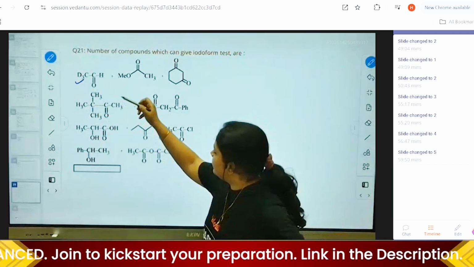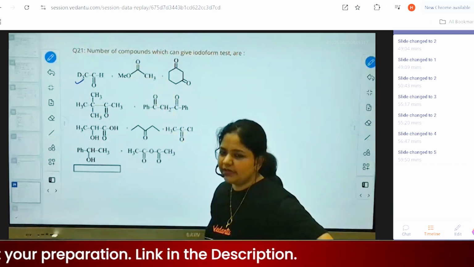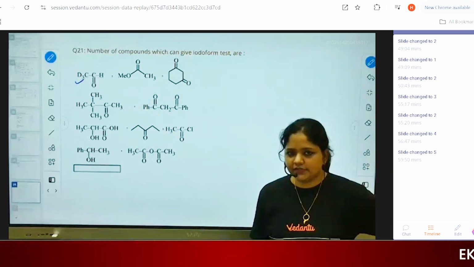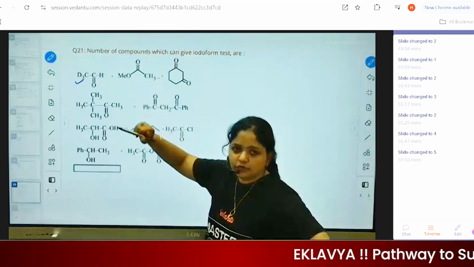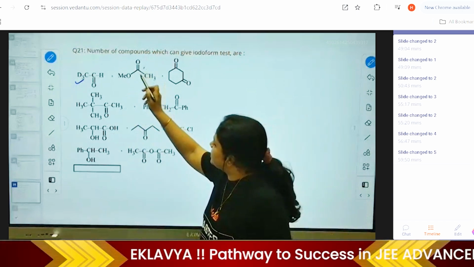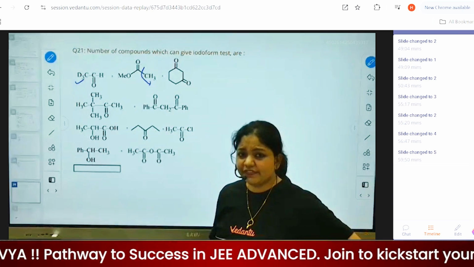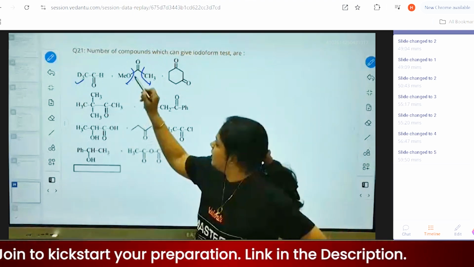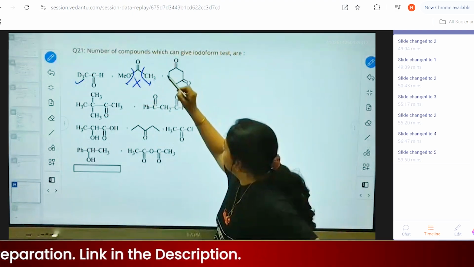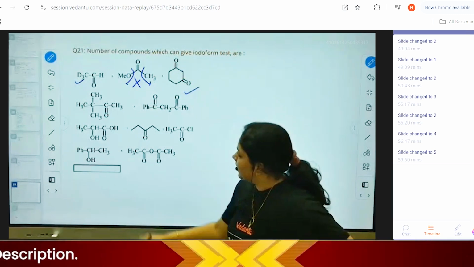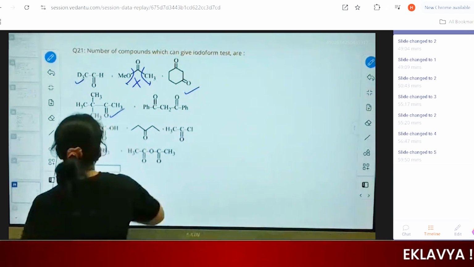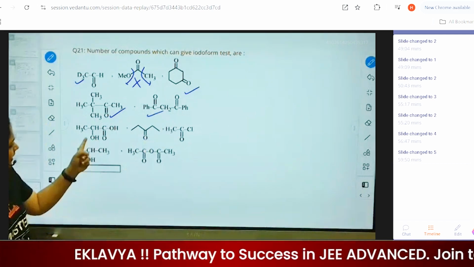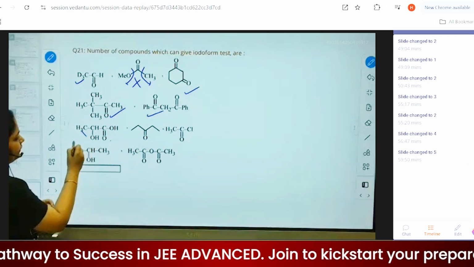Now here in this one, there is a methyl ketone, but this is a derivative of acid. Instead of that OH minus coming and attaching onto the lone pair, this should come out. Instead of that coming out, this will come out in acid derivatives. So this will not show. In this one, yes, it will show. In this one, methyl ketone is there, yes, this will show. This one, due to active methylene, this will show. Again, acid and base, it will not show.